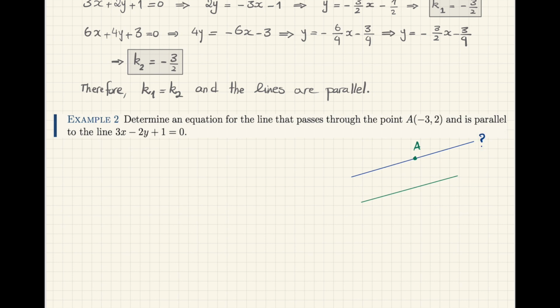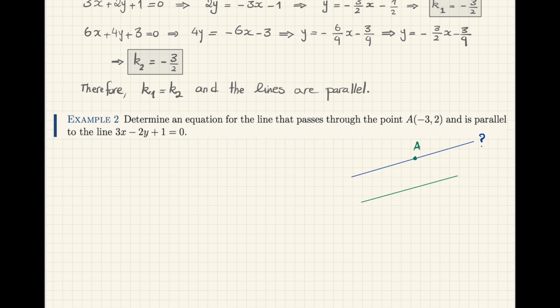But you need to remember there is one standard way of finding an equation for the line. Yes? And that is having one point of it. I don't have any problem here because by understanding the problem I realize the point A lies on the line. So that's good. But what is missing is the slope. I need to find the slope of this question mark. But the slope is also clear, because I can find the slope of this green line, since the equation of that green line is given.